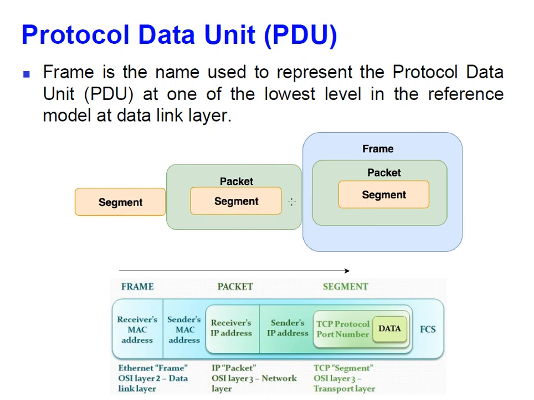The network address is related to the logical address, and the MAC address is related to the physical address. If you want to deliver a message to a destination, you should know the physical address of that destination.